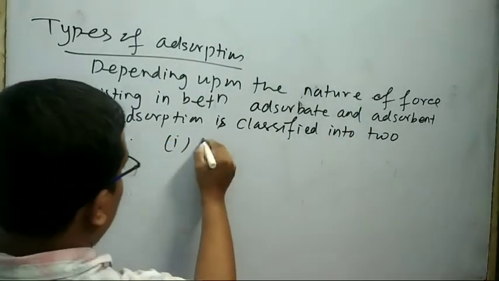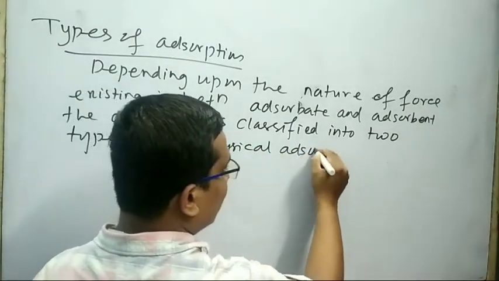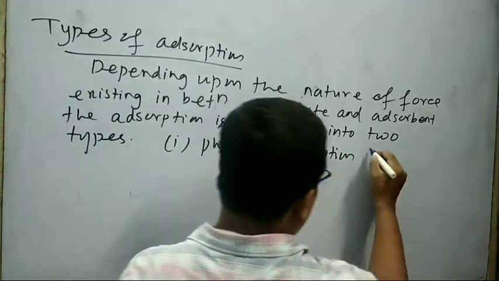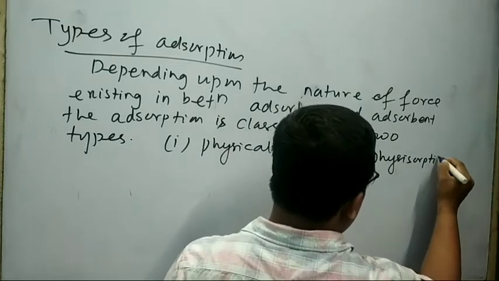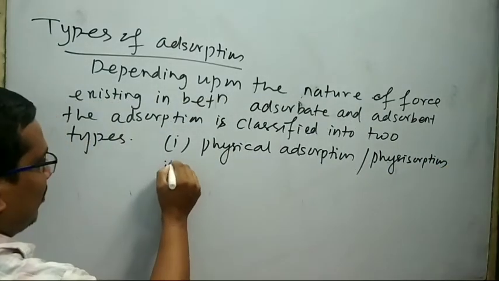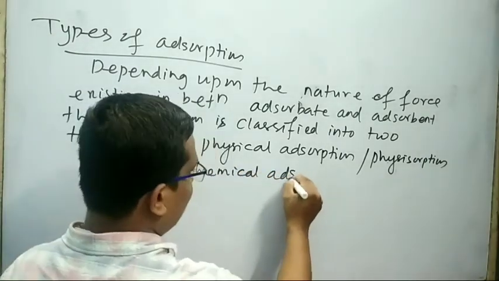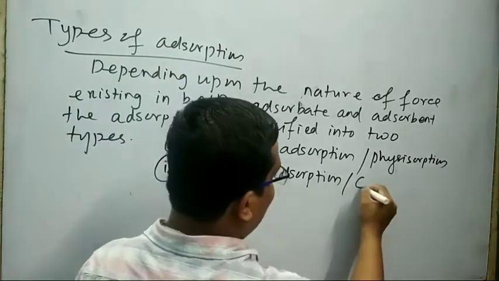Number one is physical adsorption, that is also called physisorption. Second is chemical adsorption, that is also called chemisorption.